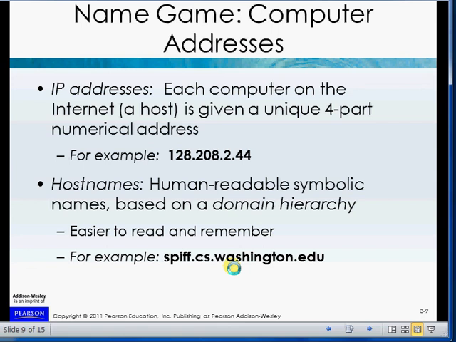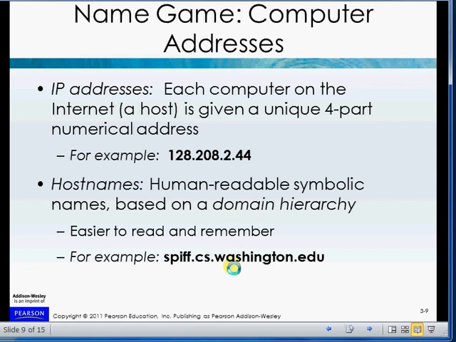So we have a 4-part IP address, and those are really convenient because that's the way computers think and work. But for us as humans, that doesn't work so well. Not that we can't use an IP address to connect to a web server, but it's much more convenient for us to have a host name.